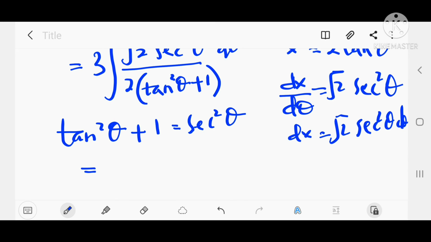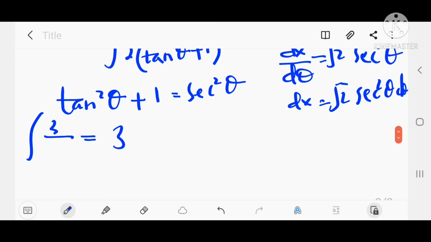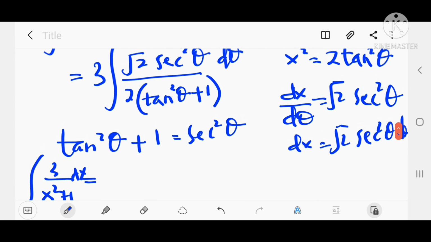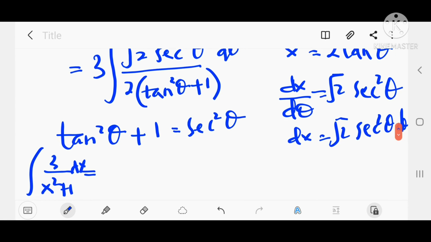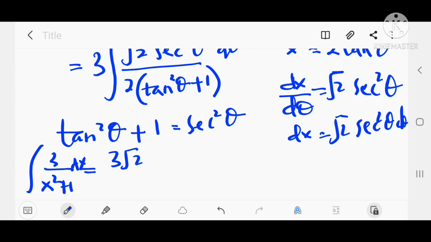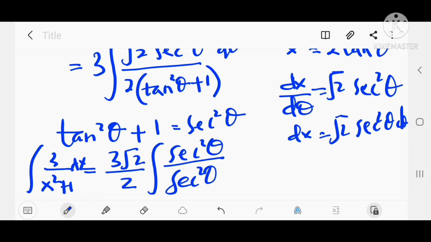So our integral of 3 on x square plus 2 dx will be equal to 3 root 2 on 2, then the integral of sec square theta on sec square theta d theta.